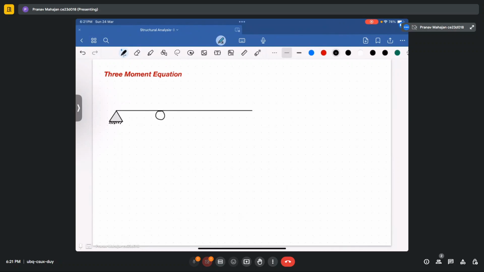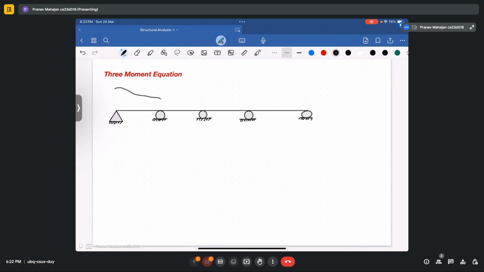In between, roller reactions or roller supports are there. Let's extend this beam further.